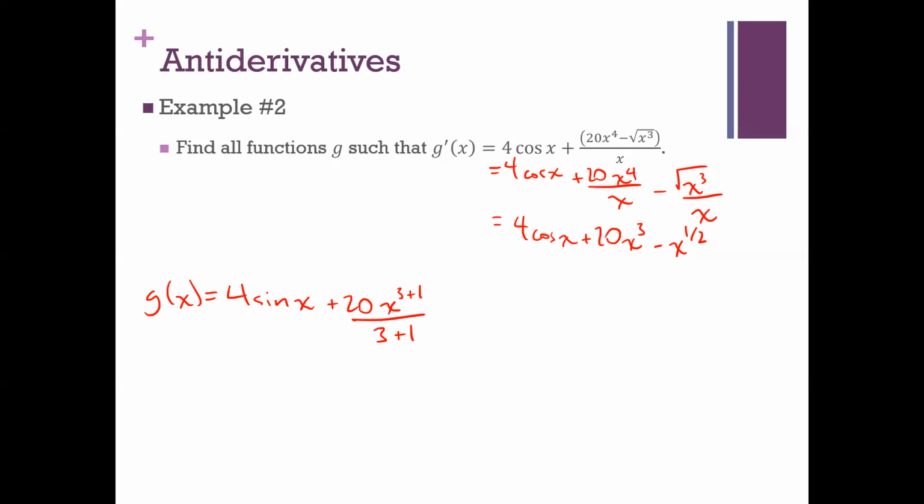Yes. Can we do the same thing to x to the 1/2? Okay. So what's that antiderivative going to become? What was that, Jared? Well, it's going to be plus 1 to the exponent, so it's 3/2 and then divided by 3/2.